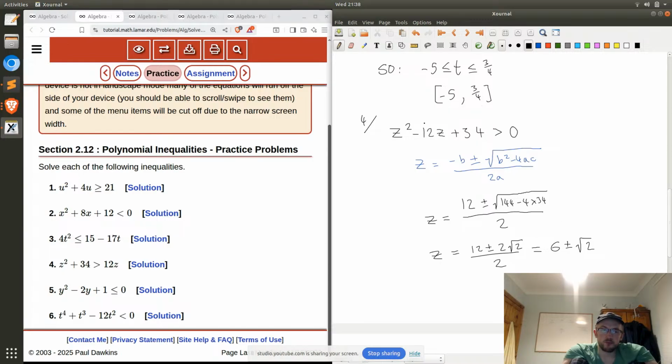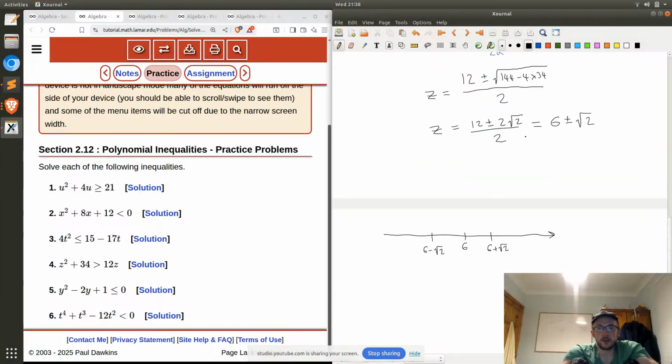Well, if you stick in an extremely large positive number, when you square it, that will just crush everything else. The minus 12 z doesn't matter because you squared a billion, trillion, and the 34 that you add on the end doesn't matter at all. So you have a massive number which is greater than 0, and so this region over here is a success. It works.